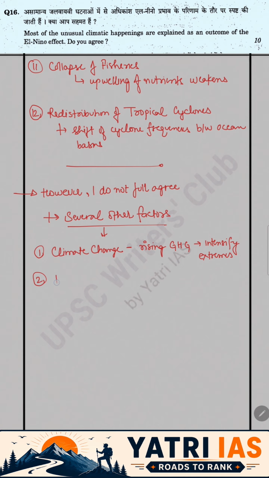You see a phenomena of Indian Ocean dipole. And when the positive Indian Ocean dipole is there, it compensates for weak monsoon due to El Nino. So this is a blessing for India. Then you would mention a phenomena called MJO, Madden-Julian oscillation.